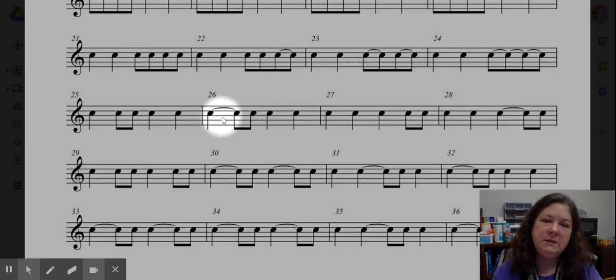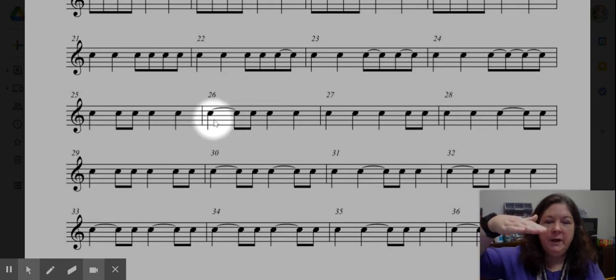The notes that are going to speak here are count 1, and then the tay of count 2. So if you're tapping your foot, this is going to go down, up, down, and then you're going to speak the tay when your foot comes back up on count 2.